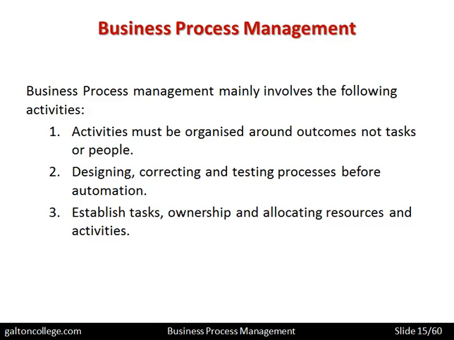Whose job is it to perform this particular task? And then make sure that there are sufficient resources allocated to enable the activities to take place. So it's looking at the overall tasks, looking at the overall outcomes, and ensuring that the tasks are correctly configured and allocated to appropriate personnel.